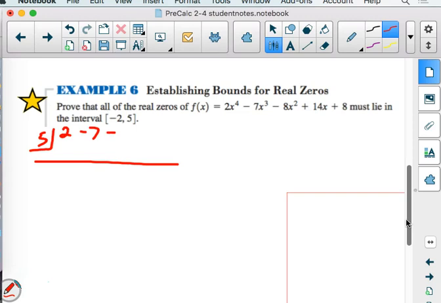2, negative 7, negative 8, 14, and 8. And I'm just hoping they all come out to be positive. So I bring down my leading coefficient, I multiply, and I add. I multiply, and I add. I multiply, and I add. Multiply.